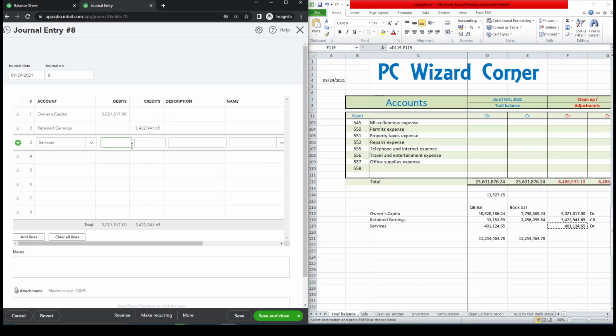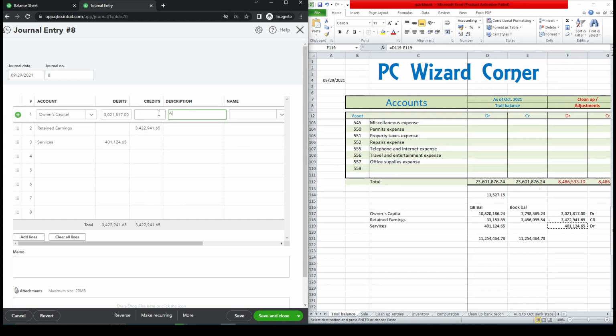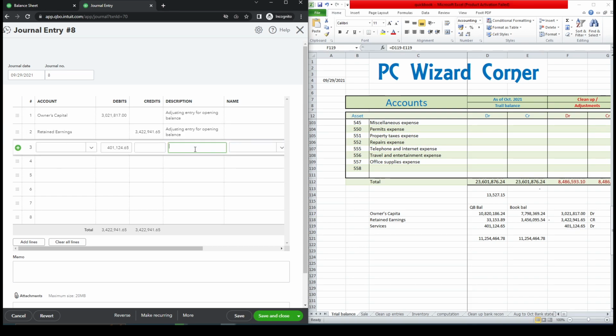And here also the amount for services. Then let's type here adjusting entry for opening balance. Let's copy and paste this one, paste it here, and also here.